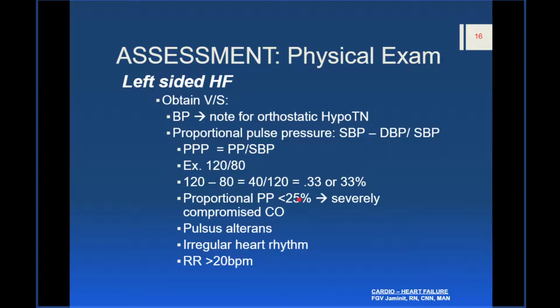Okay, so irregular heart rhythm and of course the respiratory rate of the patient may also increase more than 20 breaths per minute because the lung is compensating to the decrease in the cardiac output.